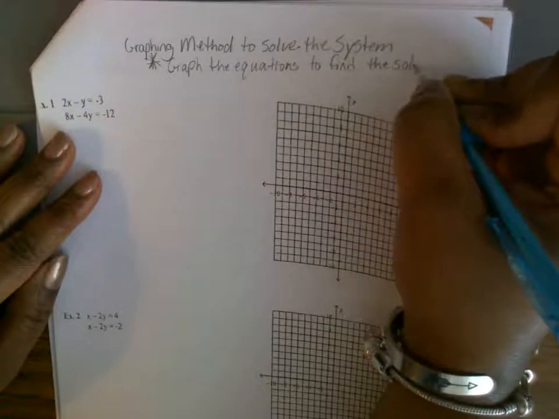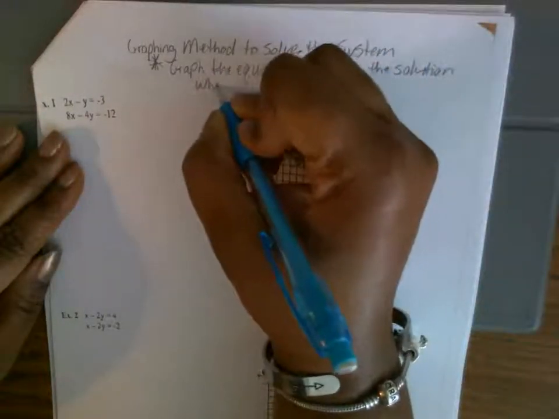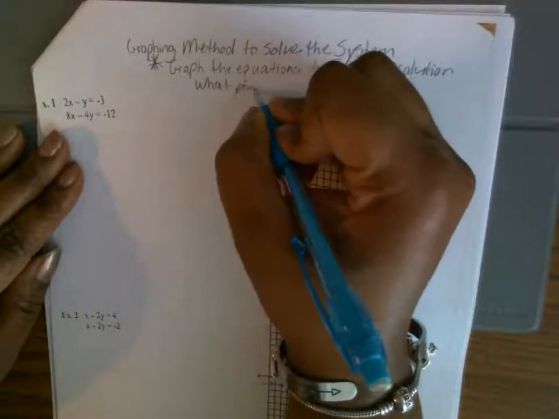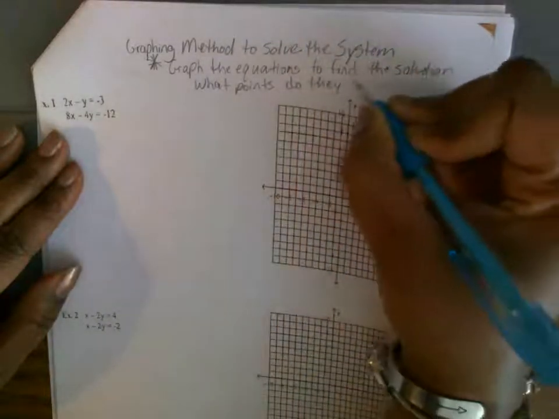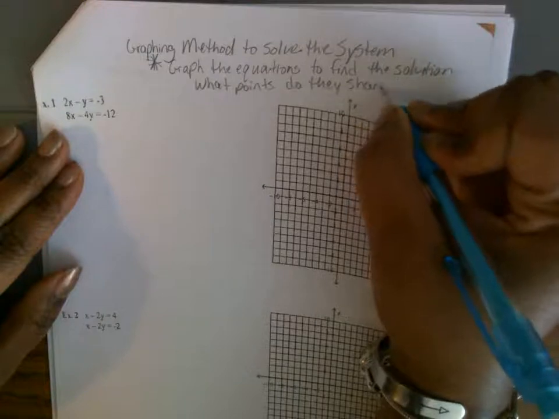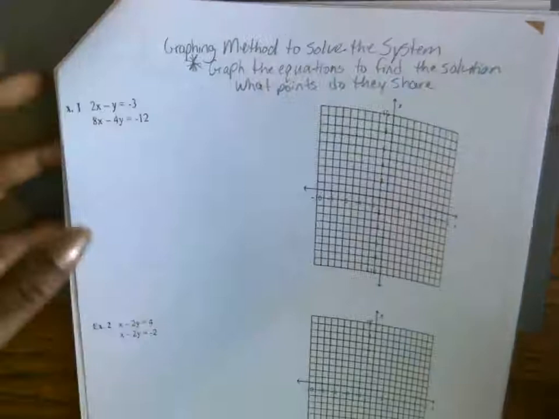And what that means is what points do they share? Either they're going to share 1 point, no points, or all of the points, infinitely many. This is how that works.